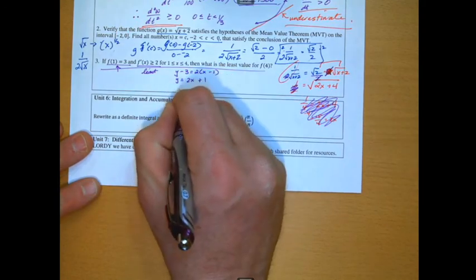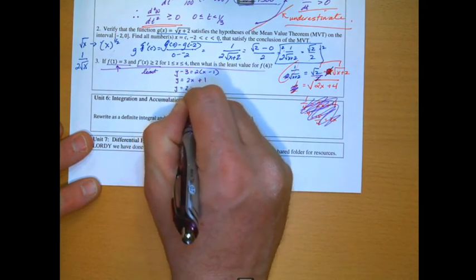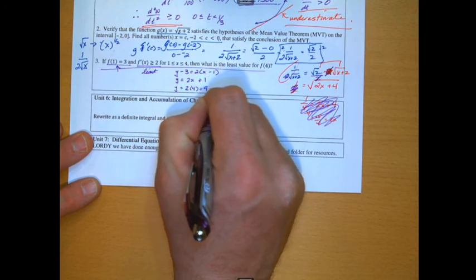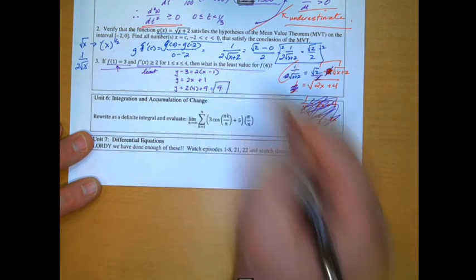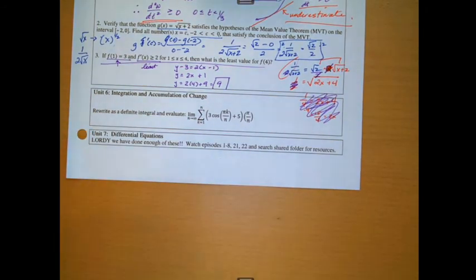And so if I look at 4, I get y equals 2 times 4 plus 1, which would equal 9. So 9 would be the least value. I'm going to do this a different way. I'm going to tape this one on there as well.